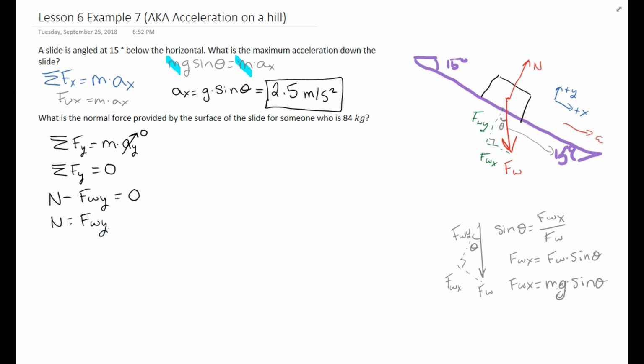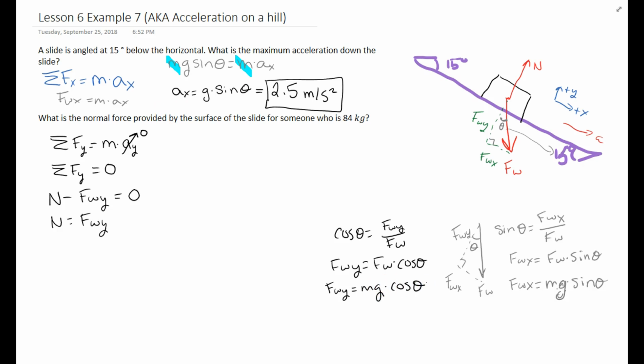Well, we need to actually find the force of weight in the y direction. Using the triangle we see over here, again, force of weight is now my adjacent side. So cosine of theta is equal to force of weight y divided by force of weight. So force of weight y is equal to force of weight times cosine of theta, or force of weight y is equal to mg cosine theta.